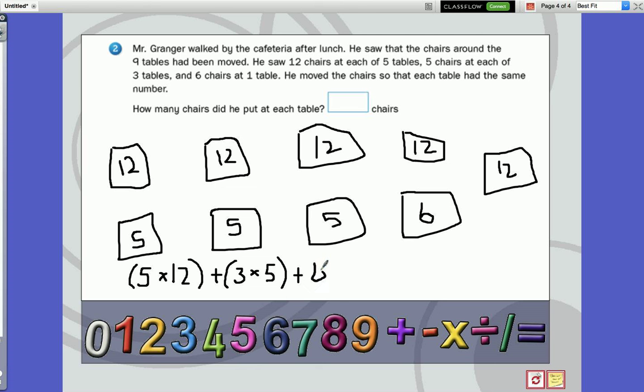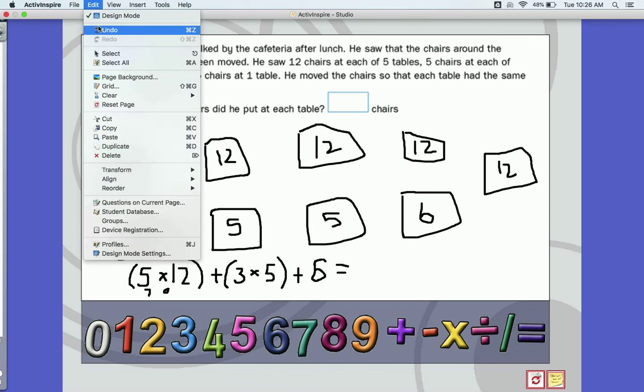So what I've done is I've taken my drawing and changed that into an equation to find out how many chairs there were. So 5 times 12 would be 90. No, sorry, 70. No, 60. I'm sorry.